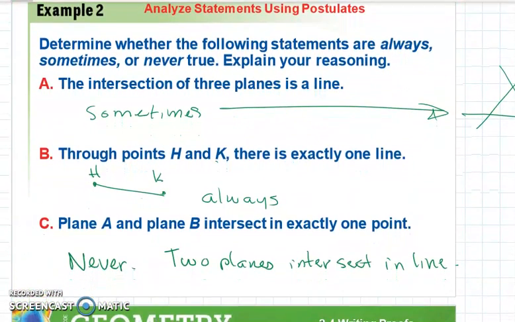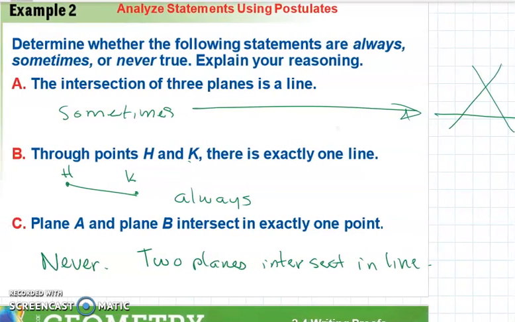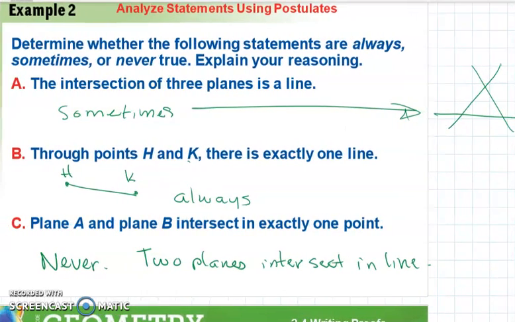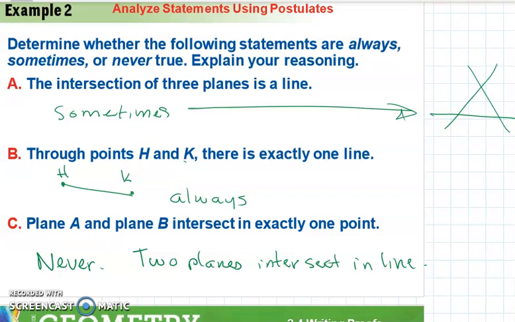Then we talked about always, sometimes, and never. If you were in the first class, I should have said sometimes on A, because it doesn't really state how the lines intersect. So this would be a sometimes.